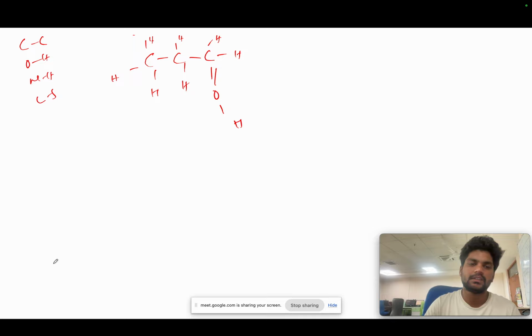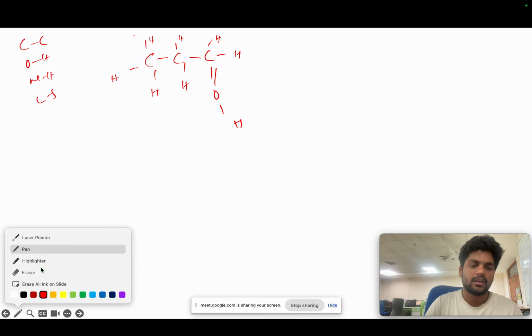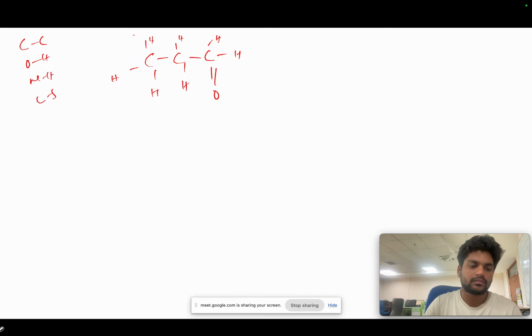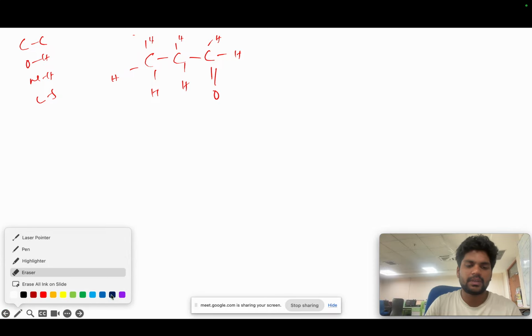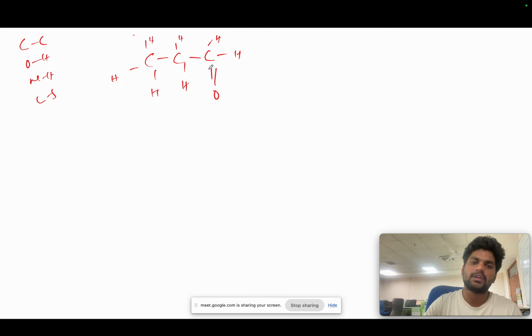This is the example I'm taking. I'm just writing the example, so I'm naming the atoms from here: 1, 2, 3, 4, 5, 6, 7, 8, 9, 10, 11.